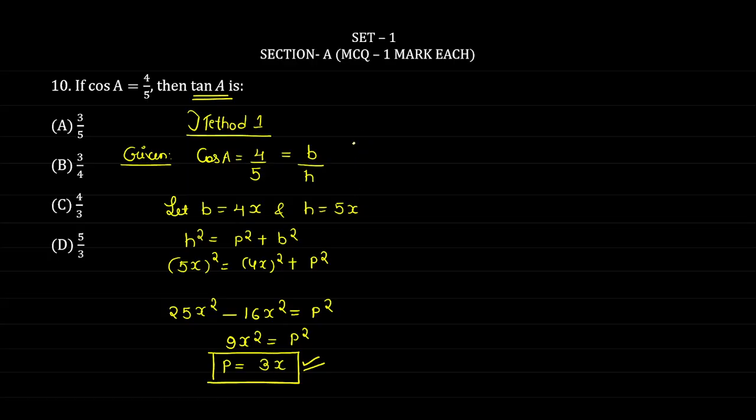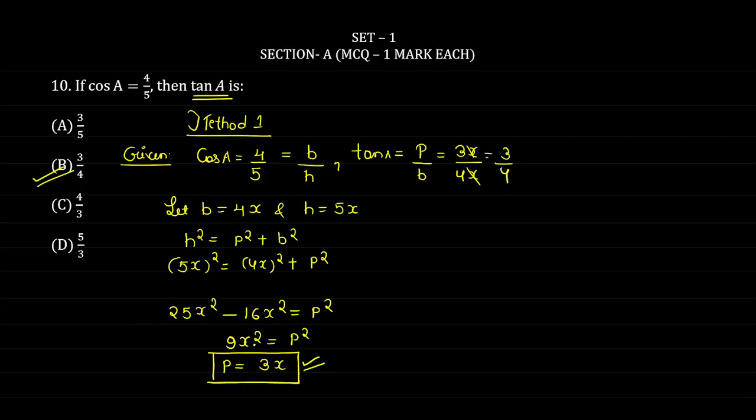Now I have to find the value of tangent of A, and tangent of A is equal to P by B, that is perpendicular by base. Perpendicular is 3x, base was 4x, and hence the answer is 3 by 4. So that we have in option number 2. This is the answer for this question.